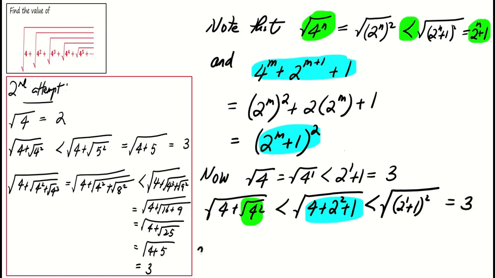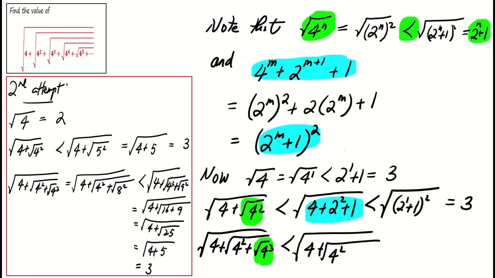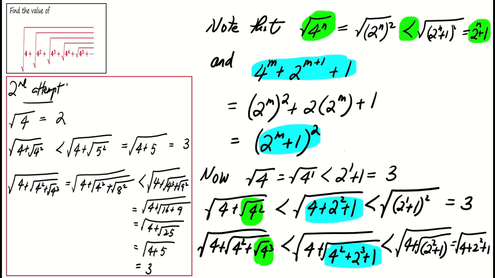And the third term is square root of 4 plus square root of 4 squared plus square root of 4 to the power 3. Square root of 4 to the power 3 is less than 2 to the power 3 plus 1. Combined with 4 squared, we know that it will be less than 2 to the power 2 plus 1 squared. And using the above result again, we know that this expression is again less than 3.